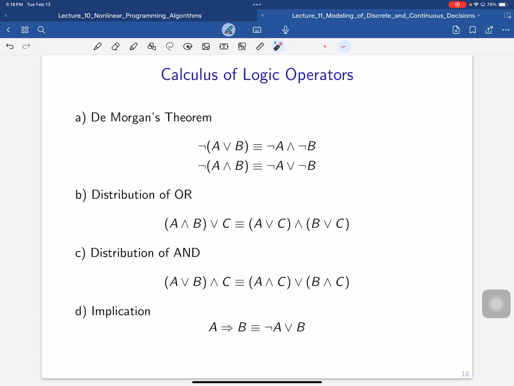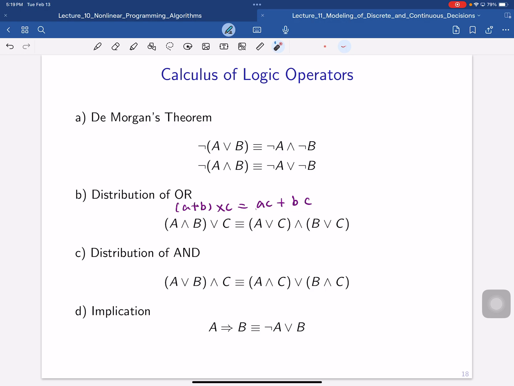An analogy can be made: if you want to distribute the multiplication in a class, right? So if you do, let's say, A plus B times C, this is nothing but AC plus BC, right? That's a distribution rule in arithmetic operations. But in logic operation, it actually has the same thing, right?